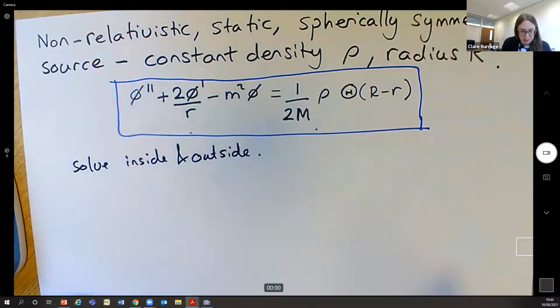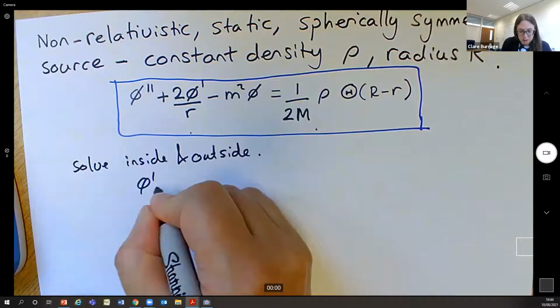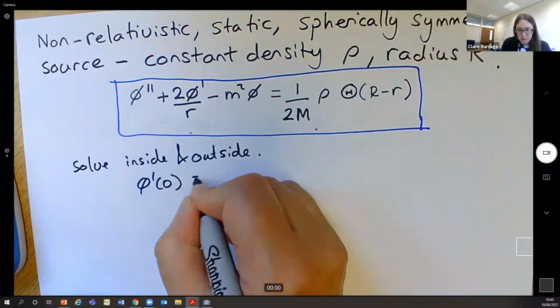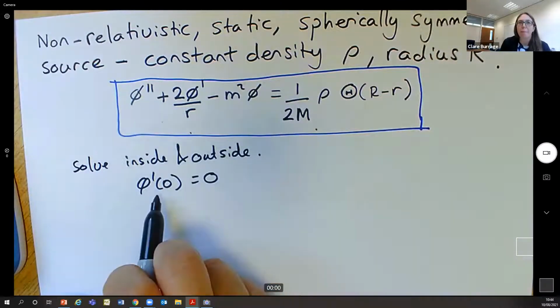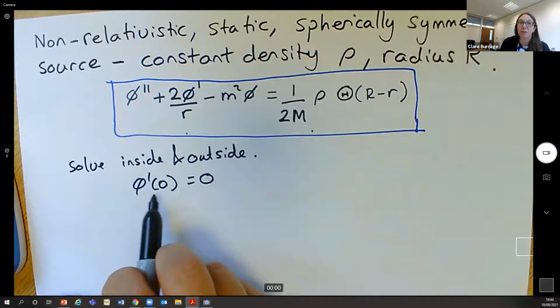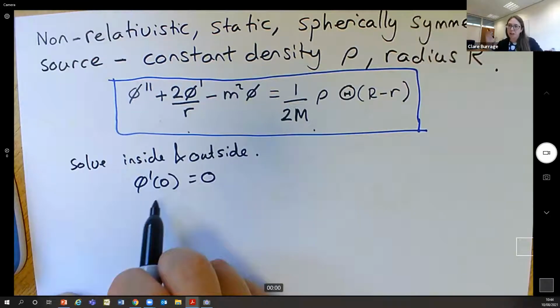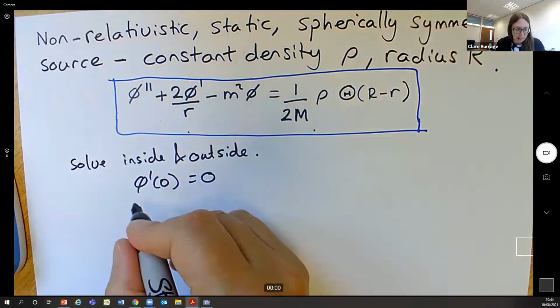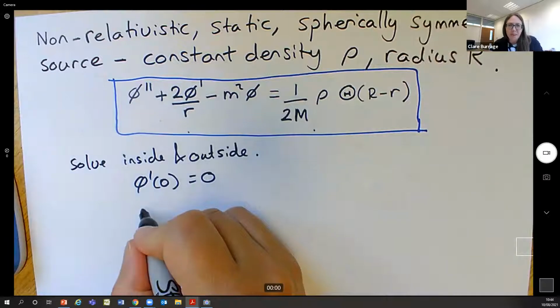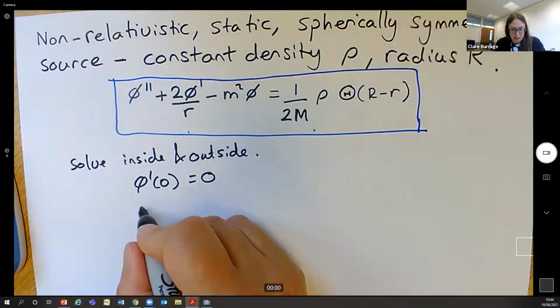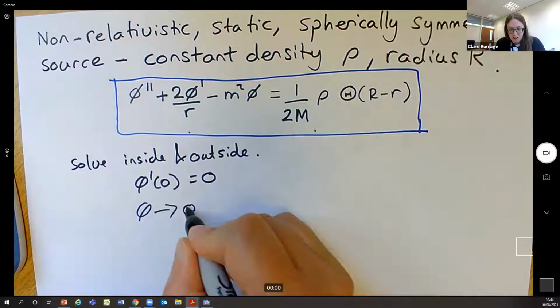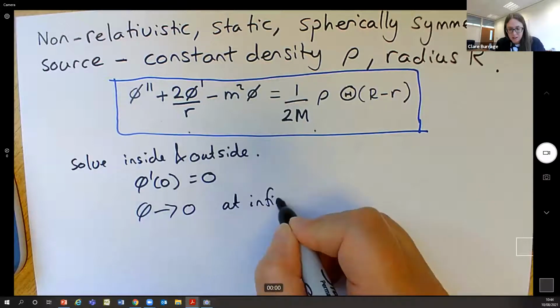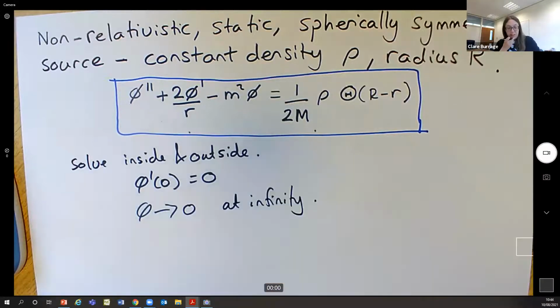We impose our boundary conditions that at the origin, the derivative of the field is 0, so that we don't get any nasty divergences. And also that phi goes to 0 at infinity. So there's no divergence at infinity either.